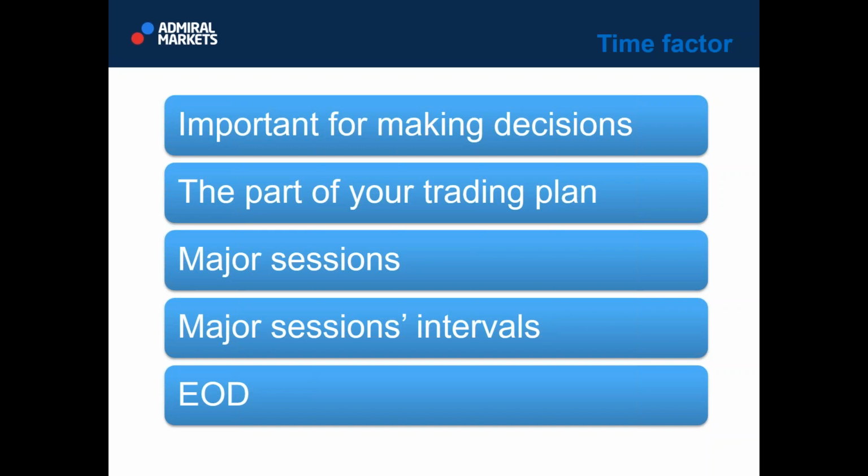So if you bump into a major session interval, the chance is that it will be twofold. Either your trade will be reversed, so instead of taking some money, you will end up in a loss. Or if you are already in a loss, you might end up having a small profit because of that reversal that usually happens during a major session interval, let's say London lunch.